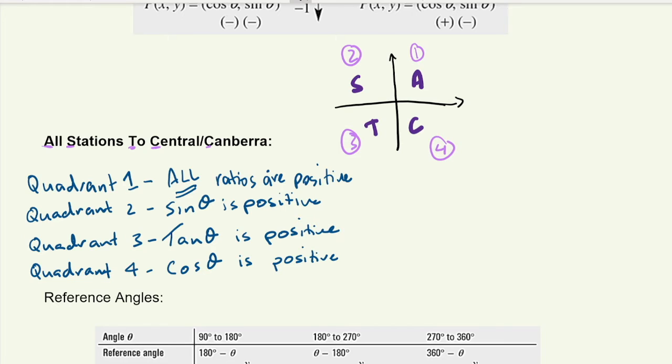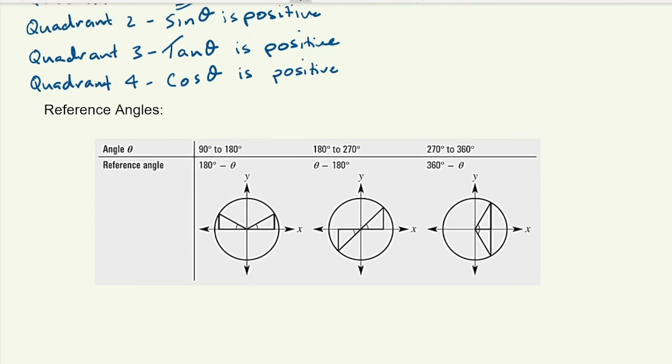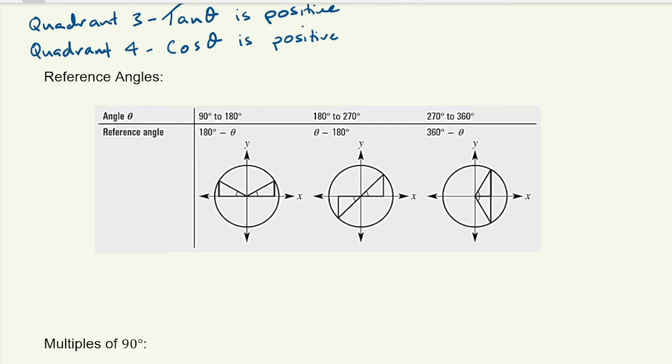In terms of that, we also have what we can call a reference angle or a related angle. It is an acute angle that helps relate to cosine theta or sine theta depending on what we need. So let's have a quick look at some of those.